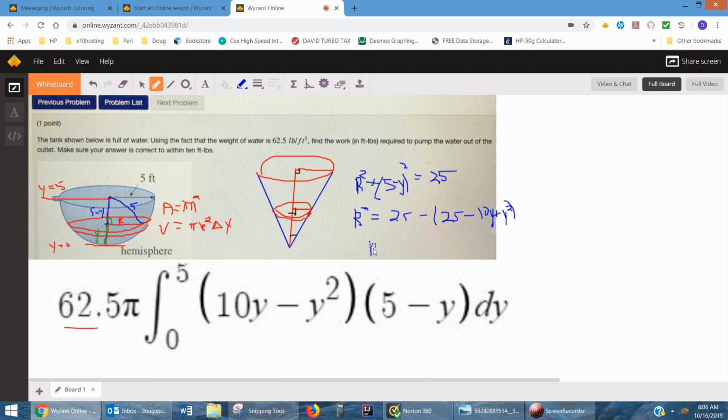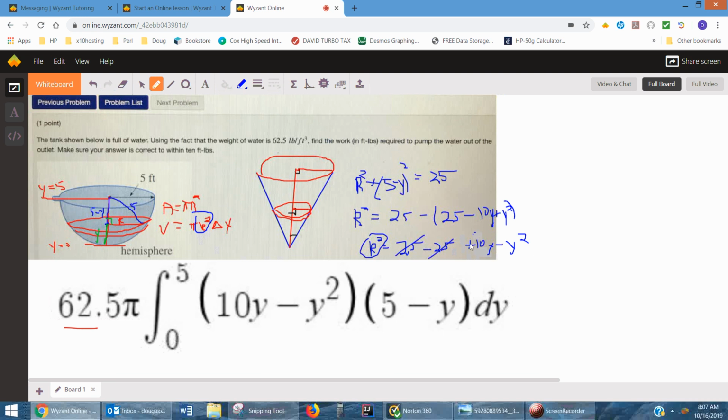And then if I remove the parentheses, I get 25 minus 25 plus 10y minus y squared. And of course the 25s cancel, and there's r squared. I could say r equals the square root of 10y minus y squared, but in the end I want r squared to go in the formula.